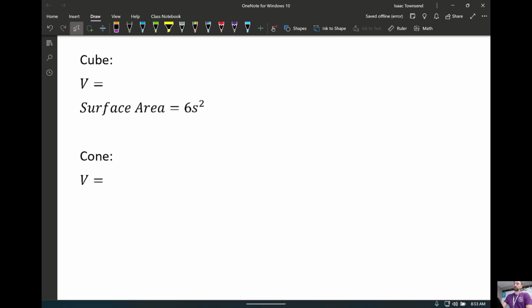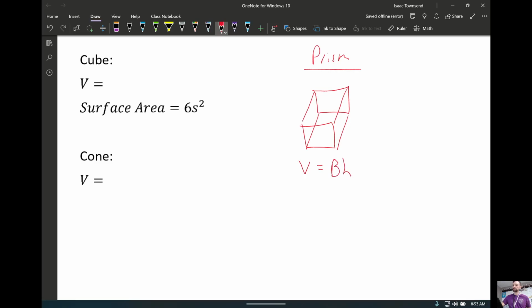So, three-dimensional shapes tend to have one of two things. They tend to either be a prism, which just means they have 2 bases, like a cube is technically a prism because it's got 2 bases, a top and a bottom. And the volume of a prism is always capital B times H, where capital B is the area of the base. So a lot of times with the cube, we might say length times width times height.